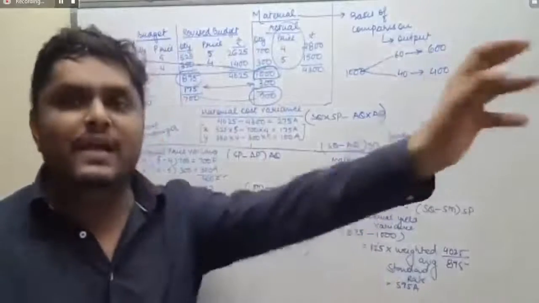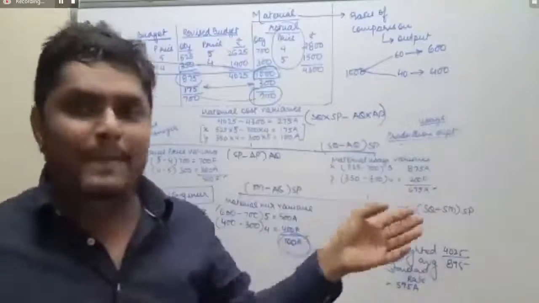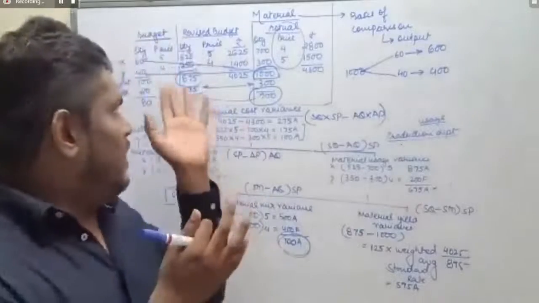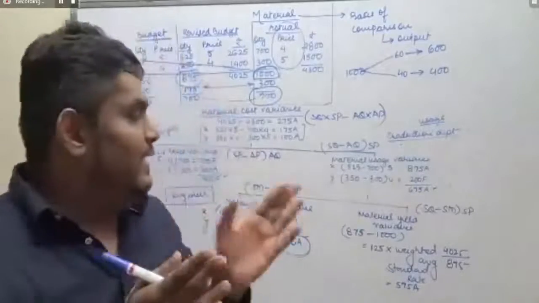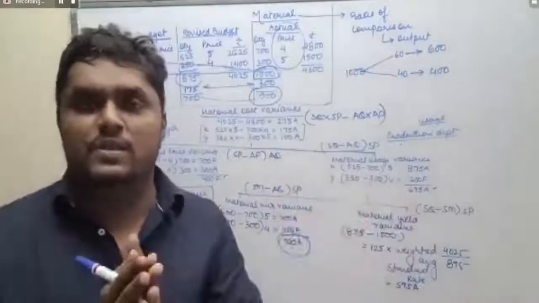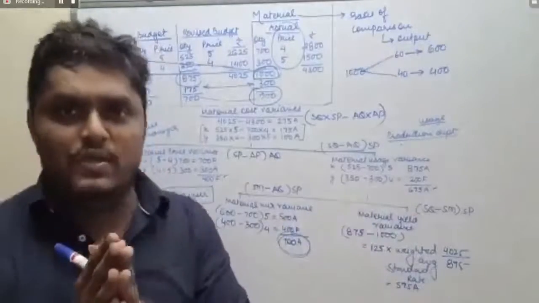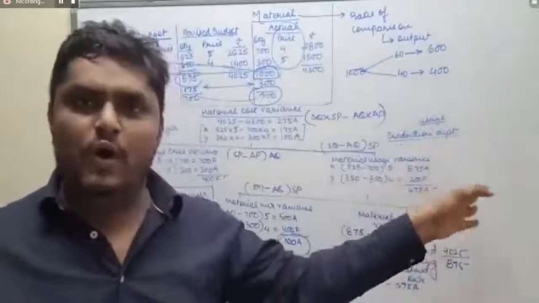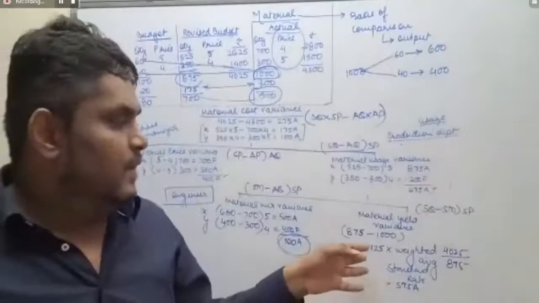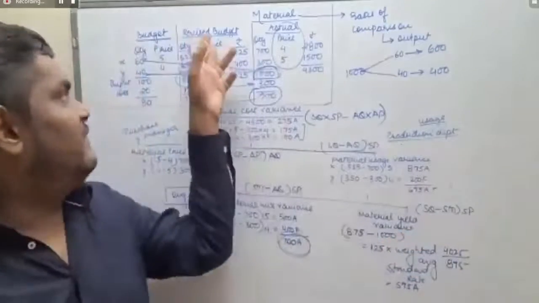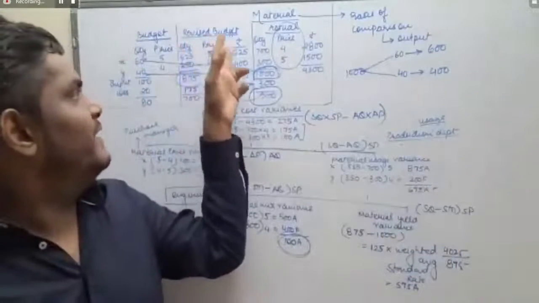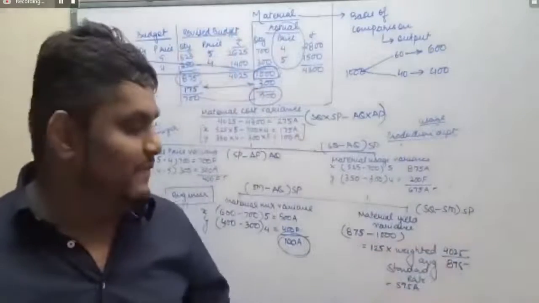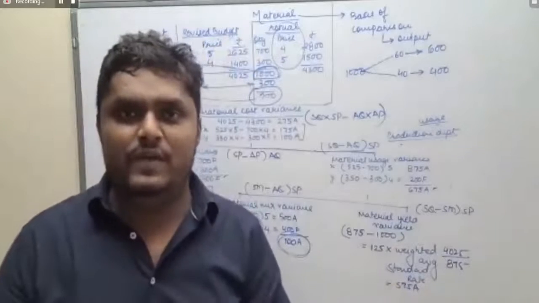As far as material yield variance is concerned, either you can apply the formula, or apart from this, you can use the simplest approach, that how much total input was supposed to be made, 875 kgs, minus how much input was actually made, that is 1000 kgs. Again, I am using this formula only, but in a different way. Into weighted average price, that is 525 into 5, 350 into 4, 1400, total 4025 divided by 875. So this is 575 adverse, guys.